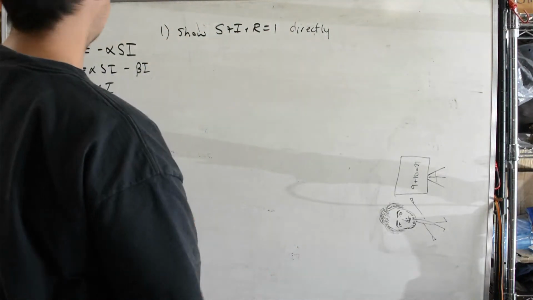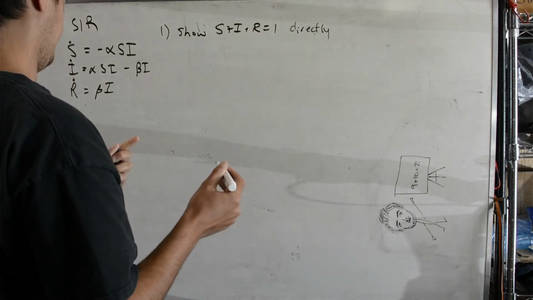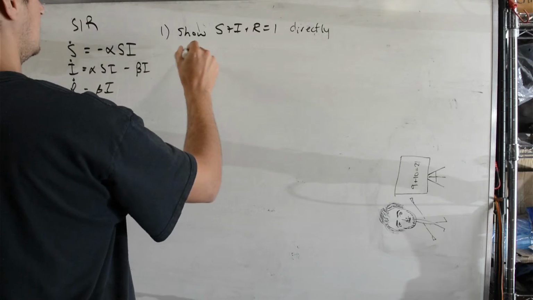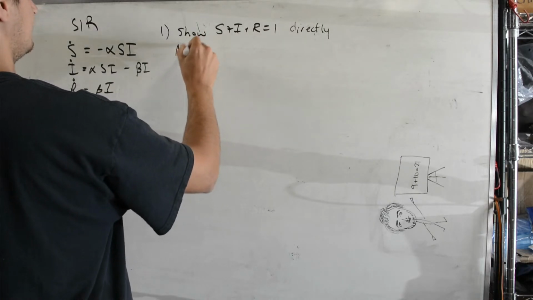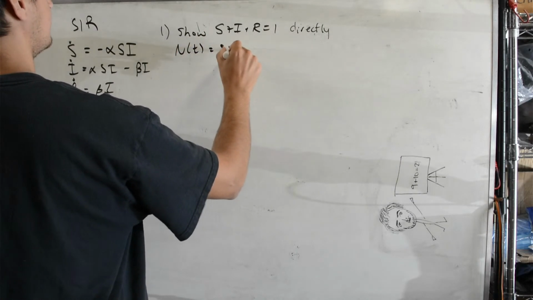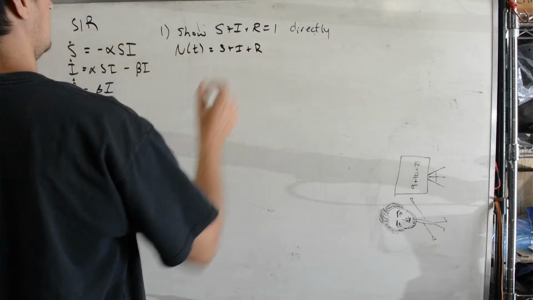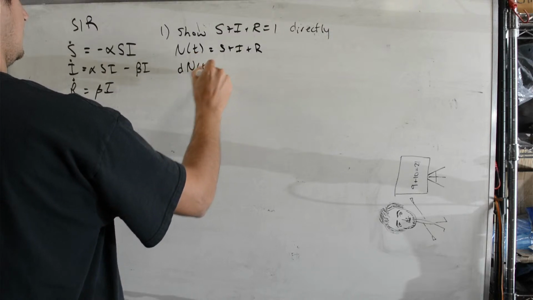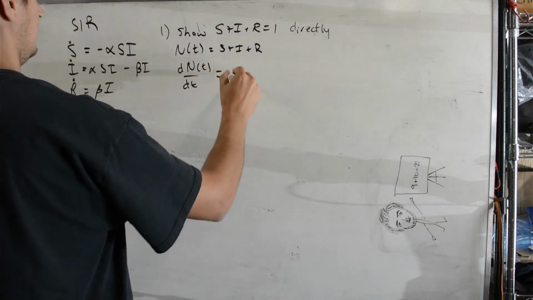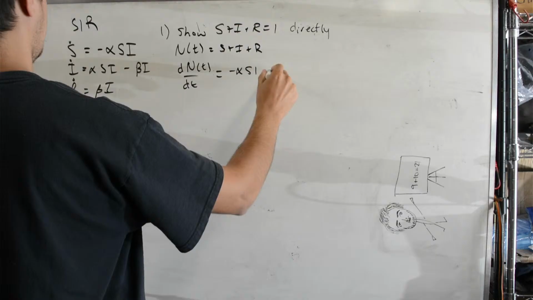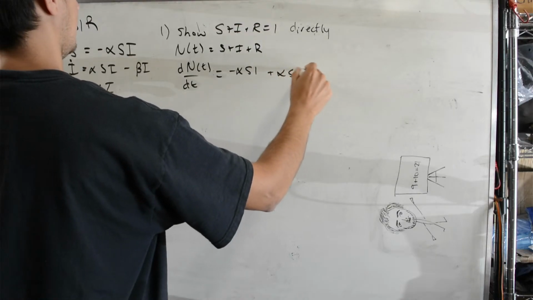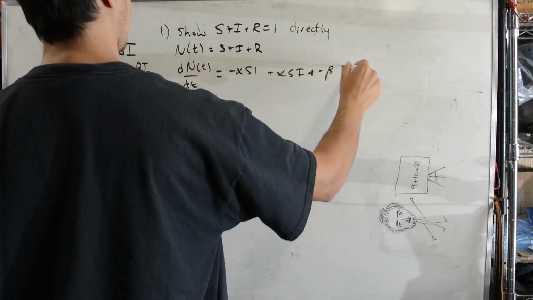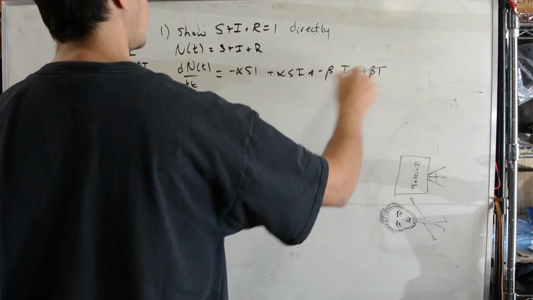So what we want to know is, let N of t be the number of people, equal to S plus I plus R. Then dN/dt is equal to minus alpha S I plus alpha S I, minus beta I plus beta I. So these cancel, these cancel.